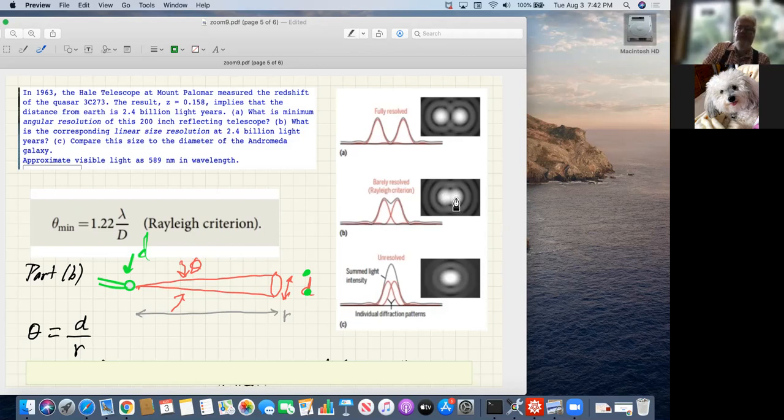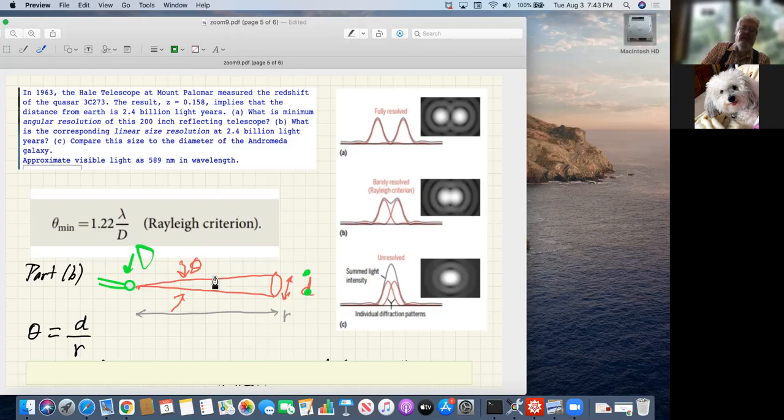If the angle between the two sources is 1.22 lambda over D, and D is the size of the telescope opening where the diffraction occurs, then I'm in this condition where I can just barely tell the two points apart.